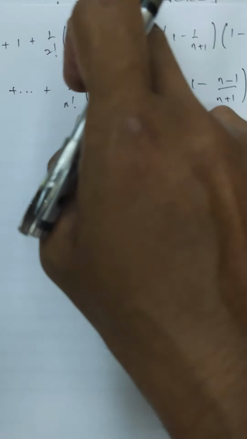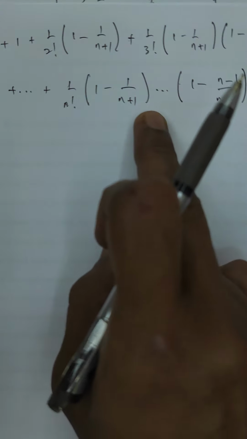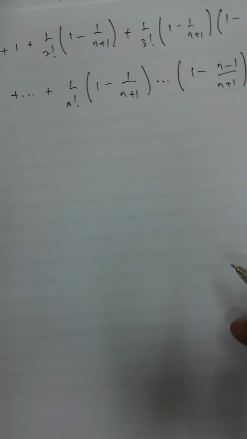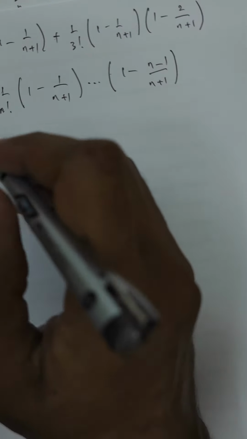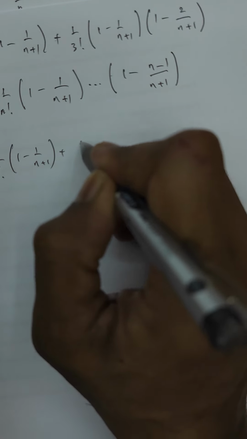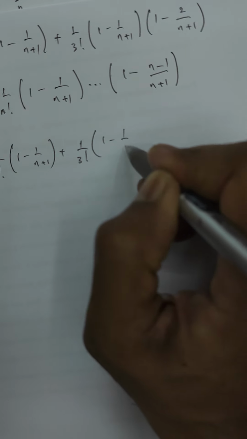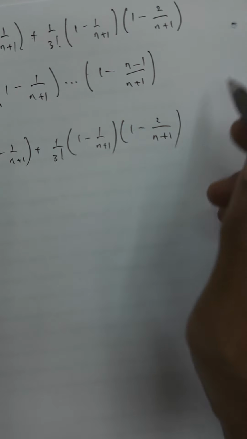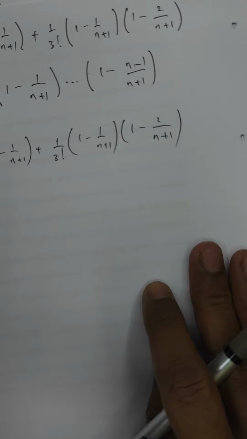For example, this is the right hand side of the previous term, which means the right hand side of this is the term after this. So we have this less than 1 plus 1, all these are the same. So I have 1 over 2 factorial times 1 minus 1 over n plus 1, plus 1 over 3 factorial times 1 minus 1 over n plus 1 times 1 minus 2 over n plus 1. I hope you can see those things.